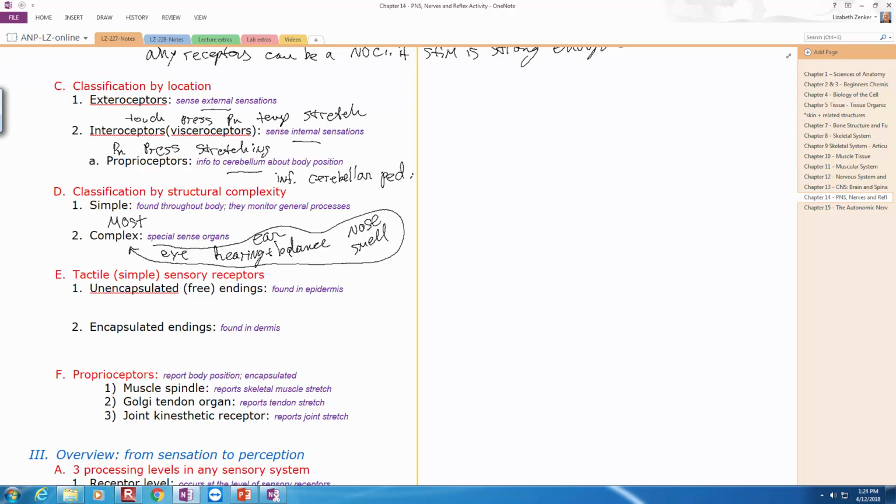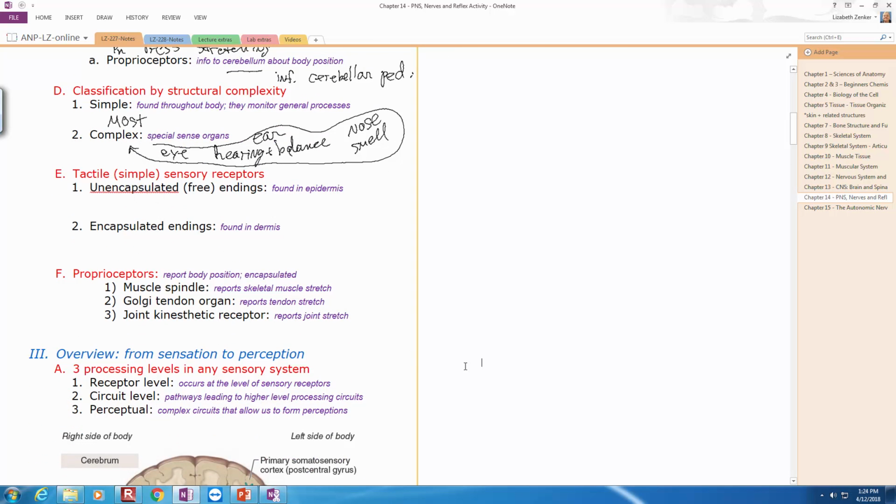Moving right along. Simple sensory receptors. Let's see. Which are tactile, right? You guys know the term tactile? Kind of like having to do with touch, right? Since we're not going to talk about complex this semester, that's more 228 information, now we're on simple. So where we're saying the simple classification, simple complexity, this is where unencapsulated and encapsulated are simple sensory receptors, okay?